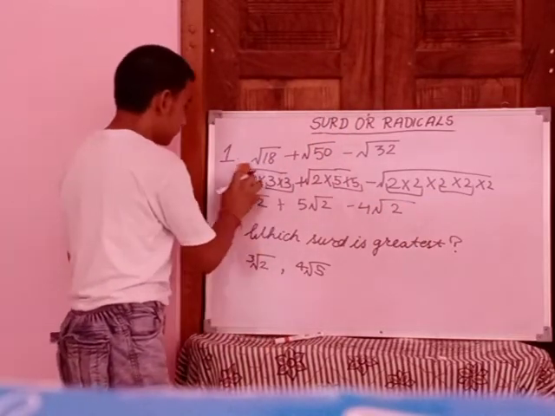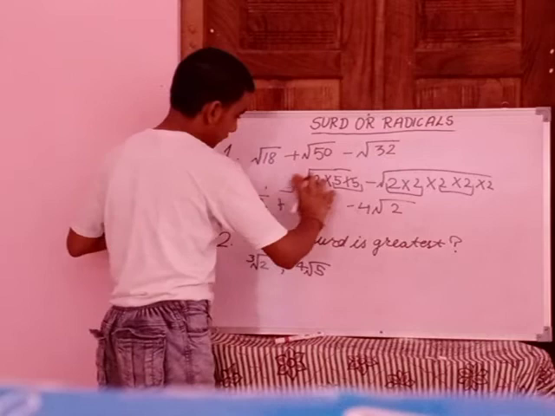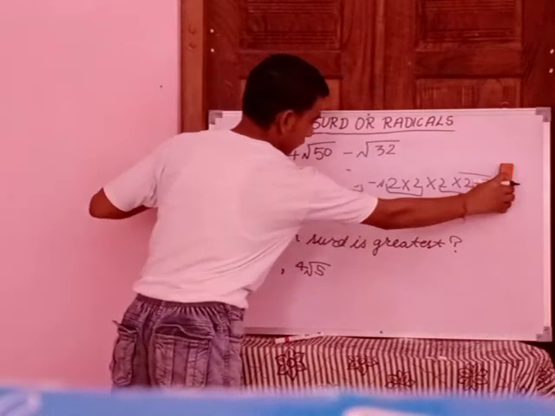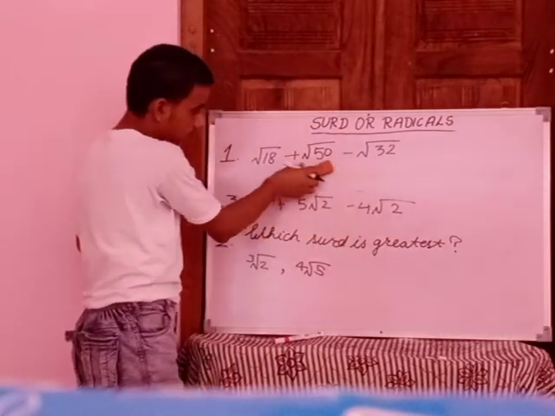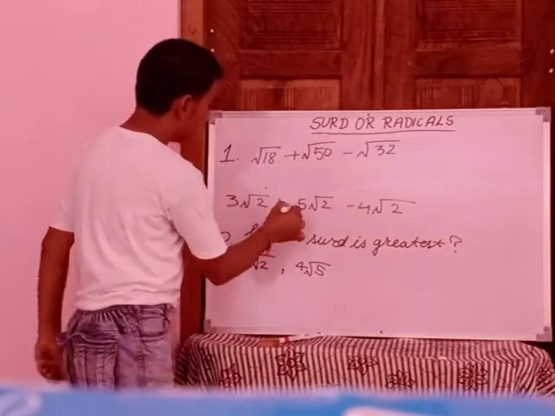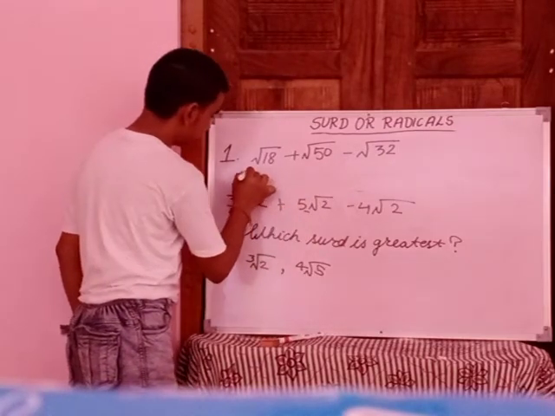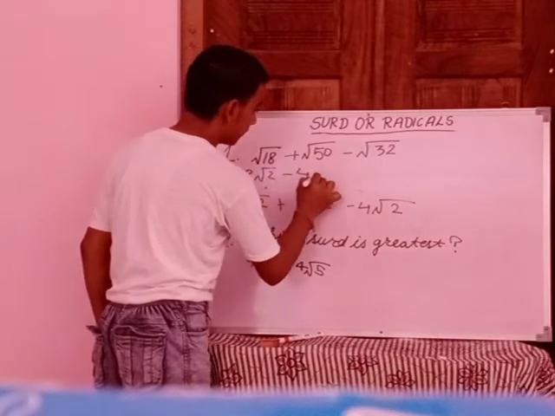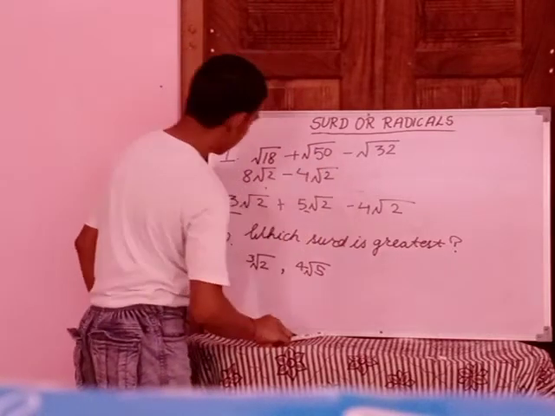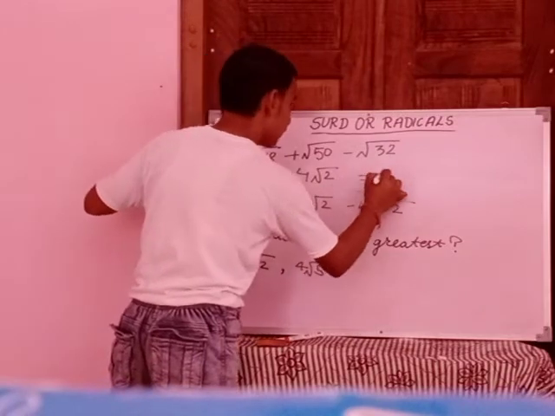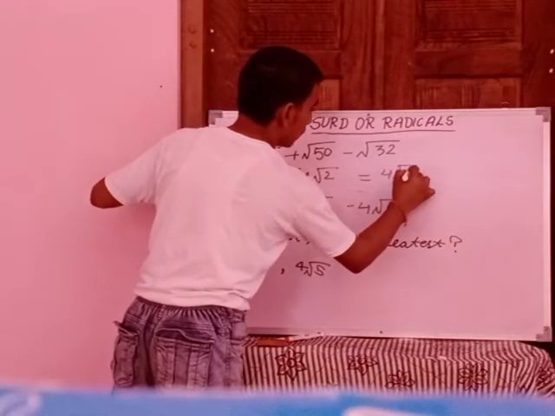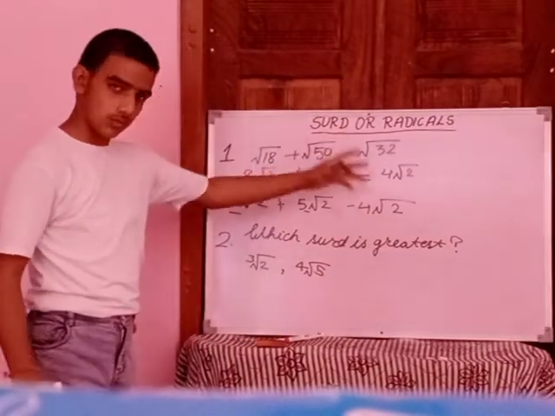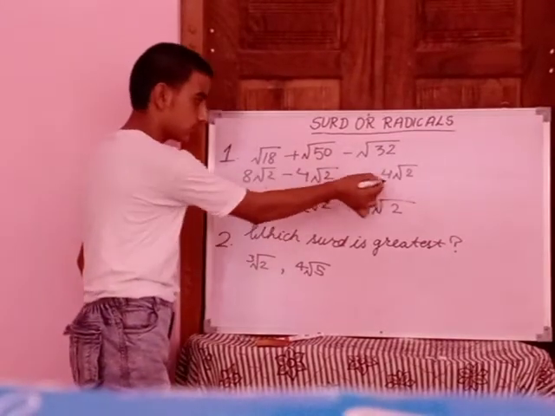Now 5 plus 3 is 8, minus 4, so the answer would be 4 under the radical sign of 2. So this is the answer of our first question.